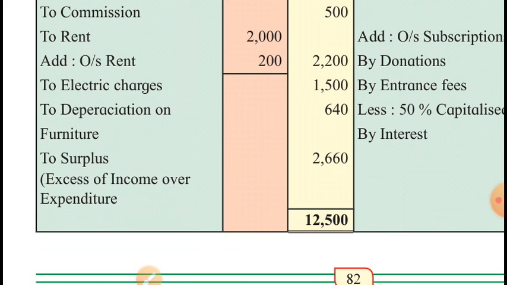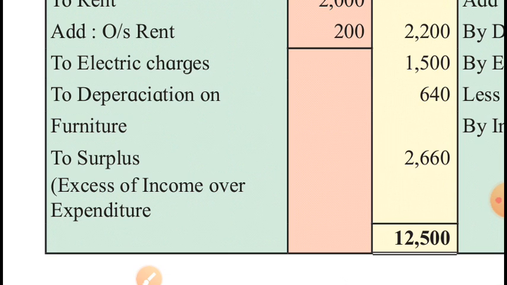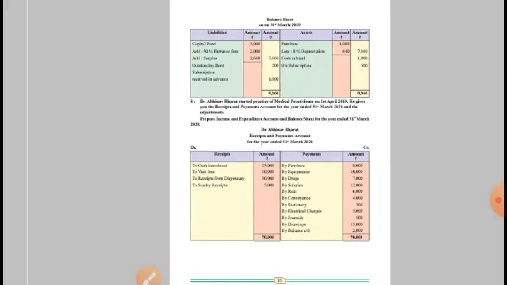The expenditure is lesser than income by rupees 2,660, and this good news is called surplus for this organization, and this surplus is transferred to capital fund. So this amount of rupees 2,660 being the surplus of this organization will be added to the capital fund.